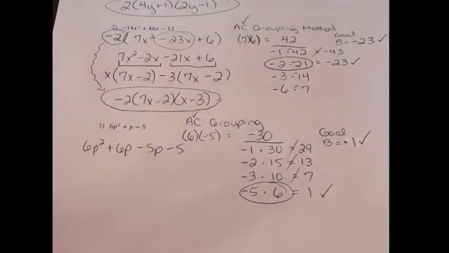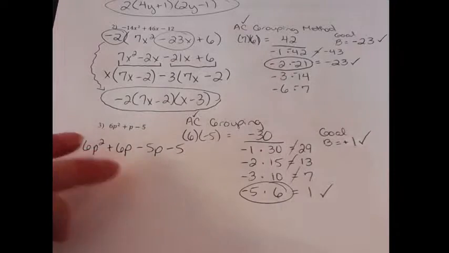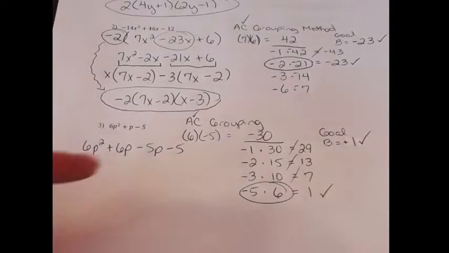Do you see how nice that is? I just rearranged the order of those factors, making sure to keep the signs with that particular value so that it's easier to factor by grouping. It doesn't matter. You could write it the other way. I'm just going to choose to put 6p near the 6p squared and negative 5p near the negative 5.